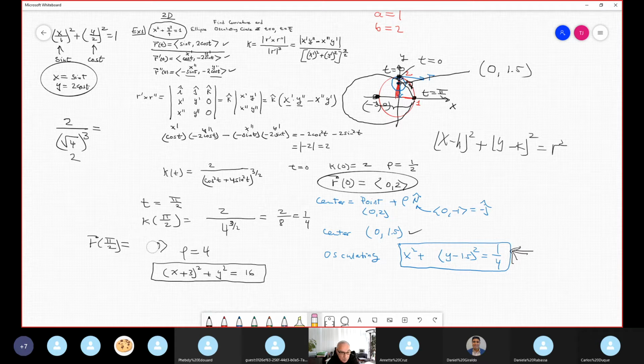How do you find that? Plug it in. Plug it in where? In the position vector of the original, no? Sine pi over 2 is 1, and cosine pi over 2 is 0. And this point is obvious. However, in the curvature, I determined the radius of curvature is 4.